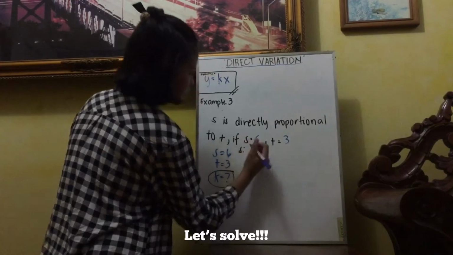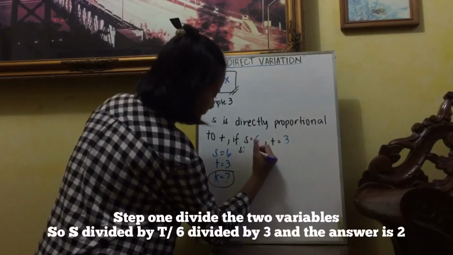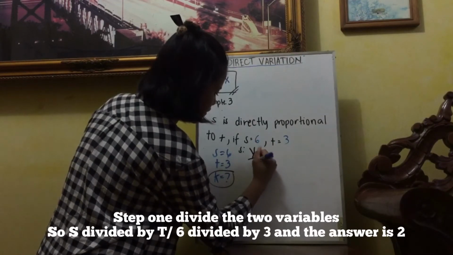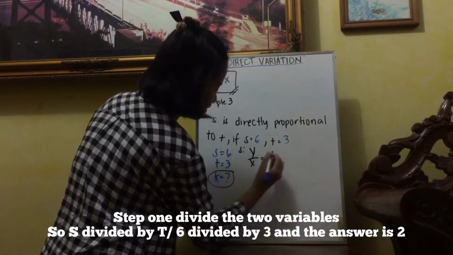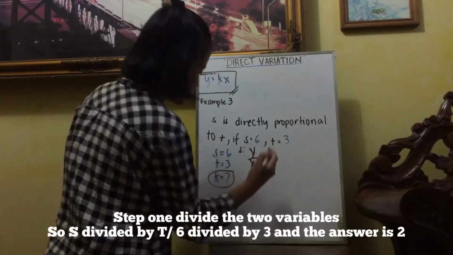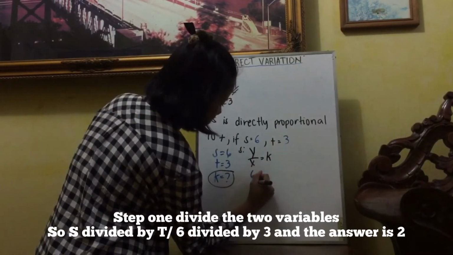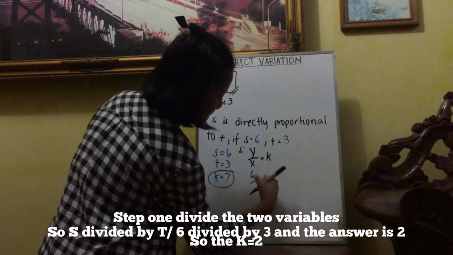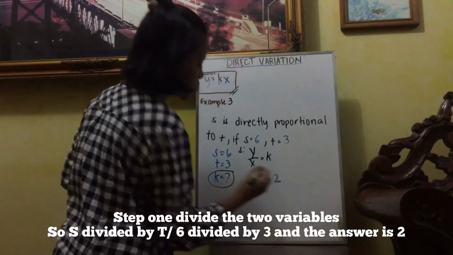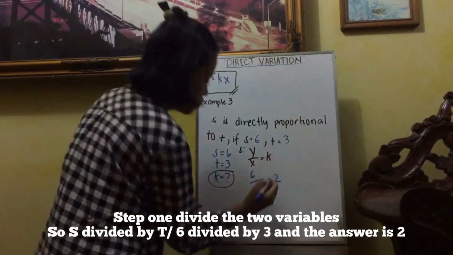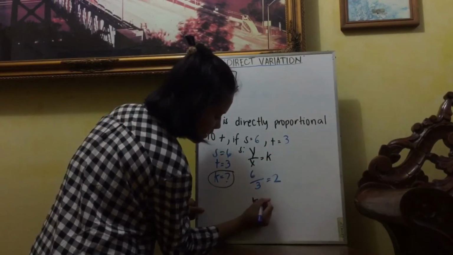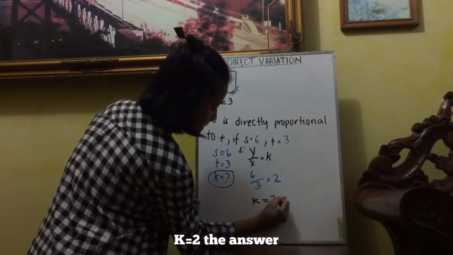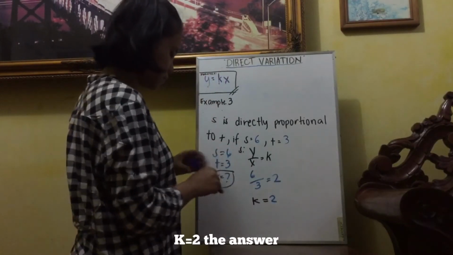So the solution: y over x equals k. So 6 over 3 equals 2. So k is equal to 2.